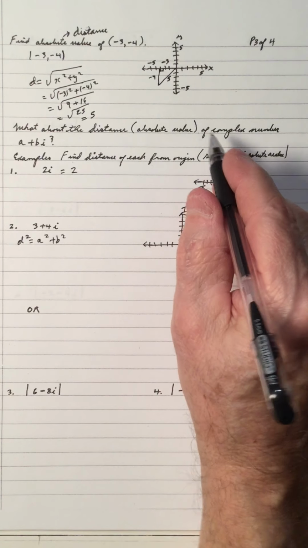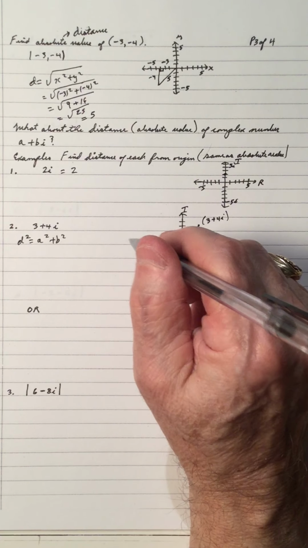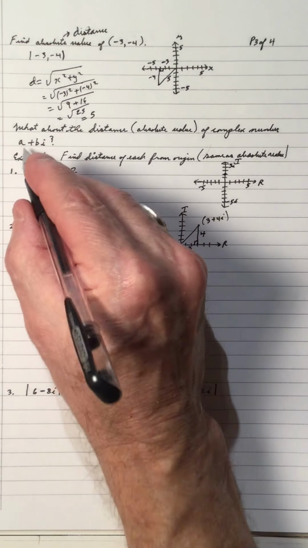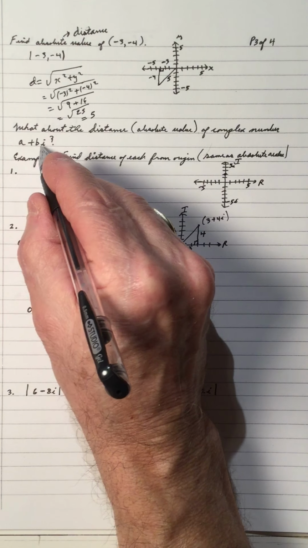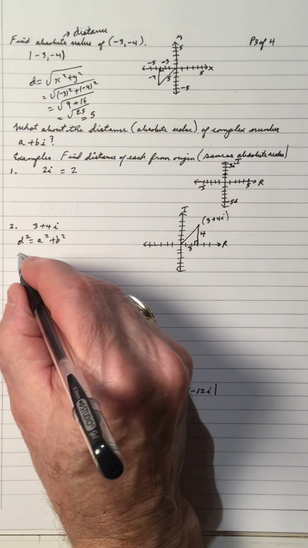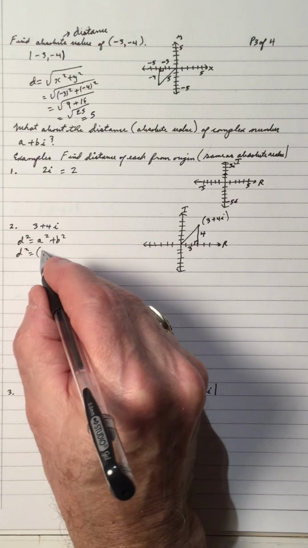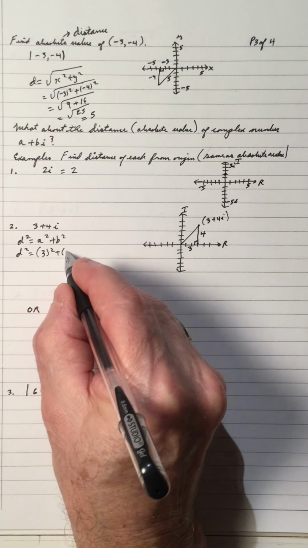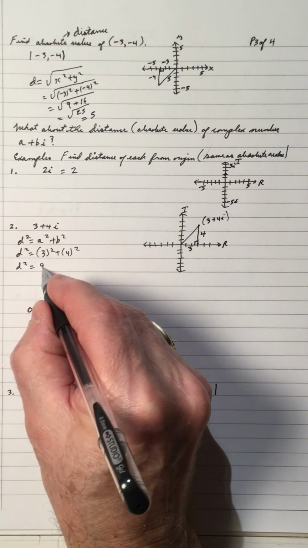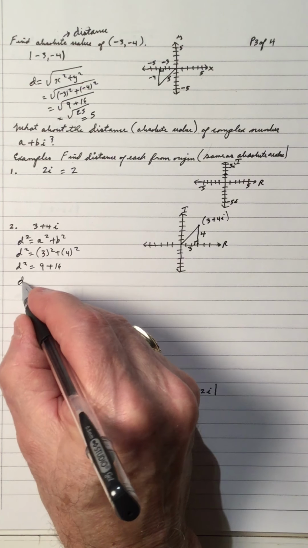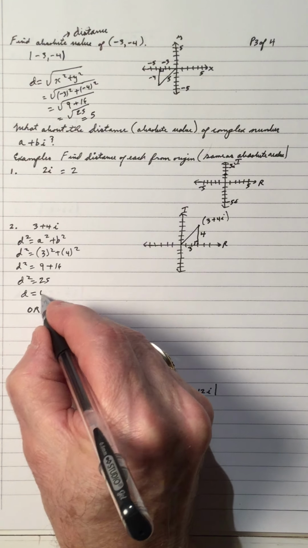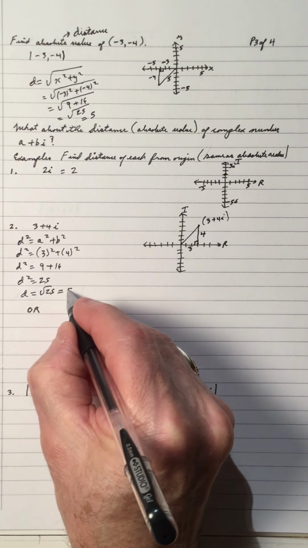The only difference in complex numbers is that instead of x squared plus y squared, we have a squared plus b squared, because you have a plus bi, where a is the x and b is the y, if you want to think of it that way. So d squared is 3 squared plus 4 squared. Notice you don't put the i in. 9 plus 16, d squared is 25. d is the square root of 25, so d is 5.